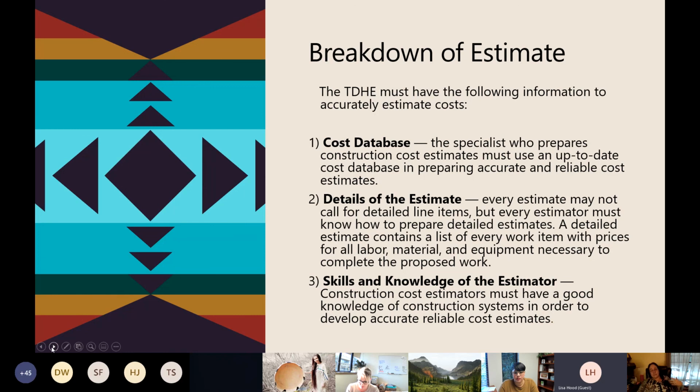A detailed estimate contains the list of every work item with prices for labor, material, and equipment necessary to complete that proposed work. Skills and knowledge of your estimator: construction cost estimators have to have a good knowledge of construction systems in order to develop accurate and reliable cost estimates.